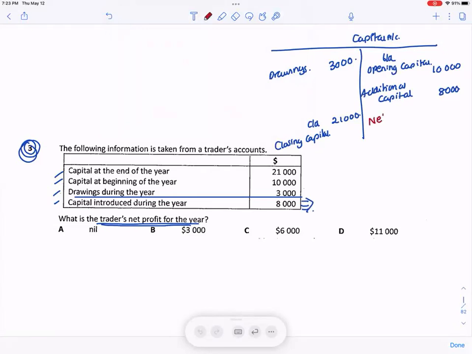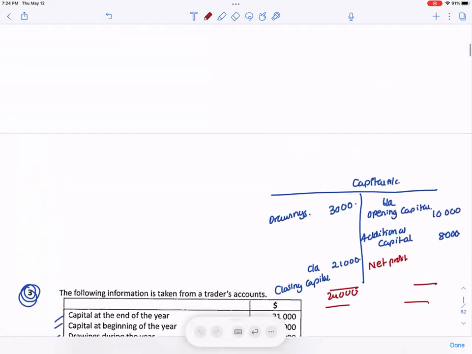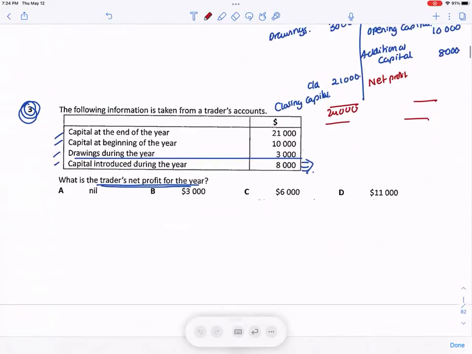Ma'am, C. I wanted to see the working. 24,000, miss, and then you have to minus it from 18,000, so you get 6,000.